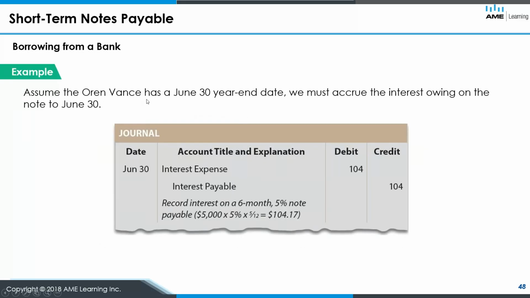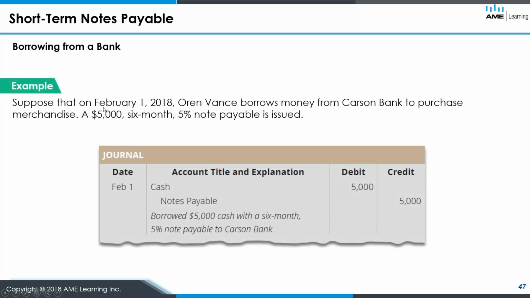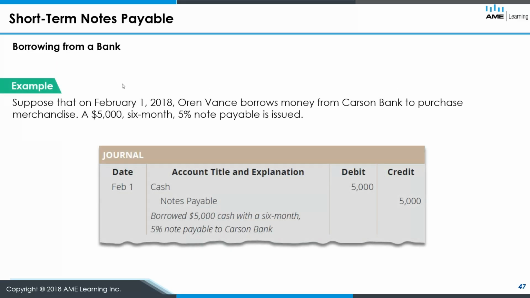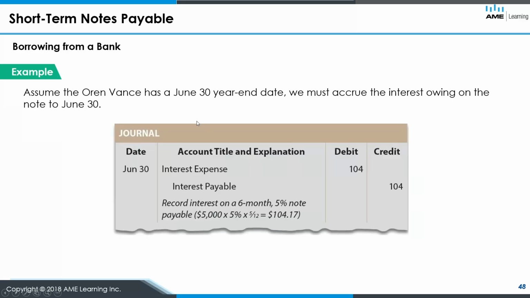Now, if we do have to accrue interest throughout, remember how we do that? We looked at this previously as well. Depending on when, in this instance, we borrowed this in February. So February was the first month, and then our year ends in June. So we had February, March, April, May, June.